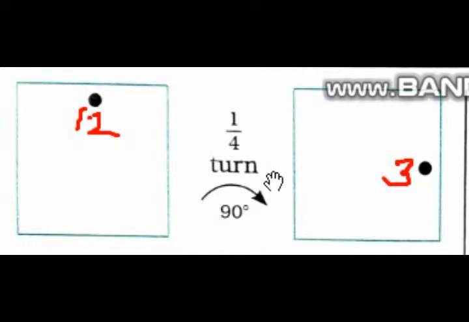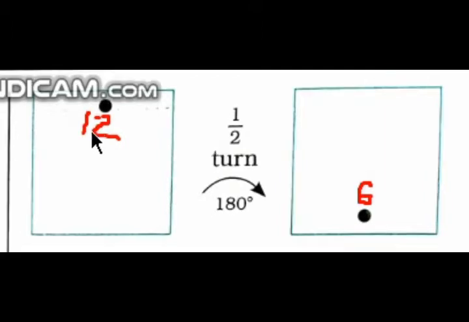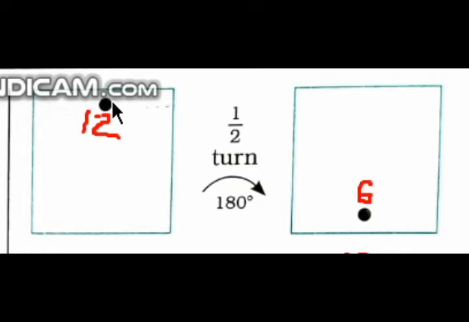This is 1/4 turn. And what is half turn? Half turn means rotating through 180 degrees. Suppose there is a clock, so rotating from 12 to 6 is a half turn, and from 6 to 12 it is also a half turn.